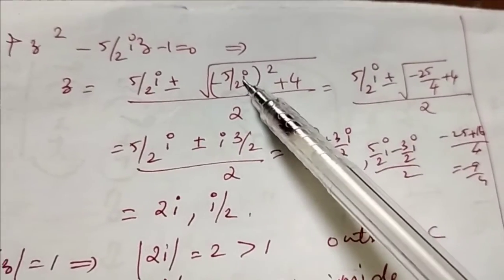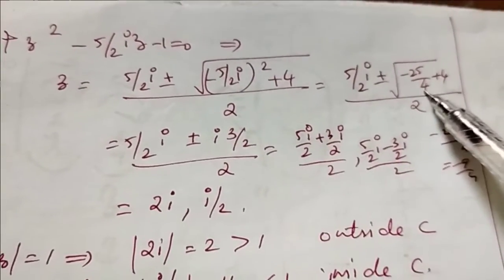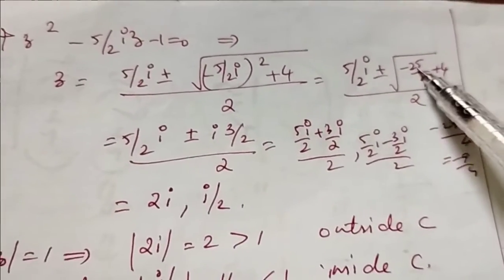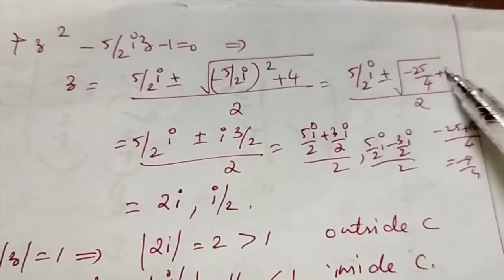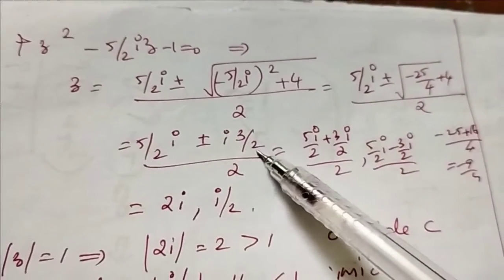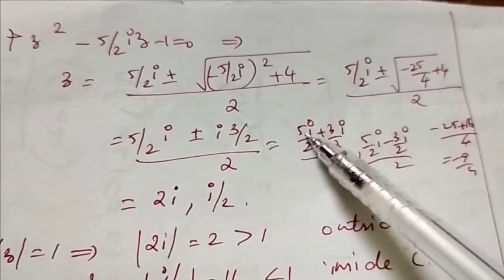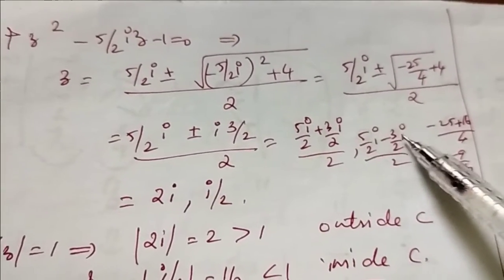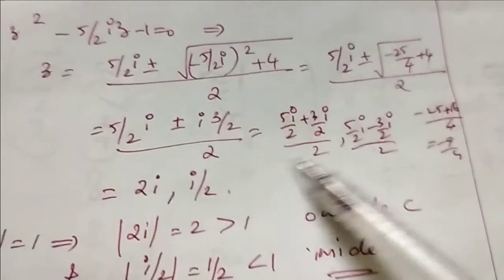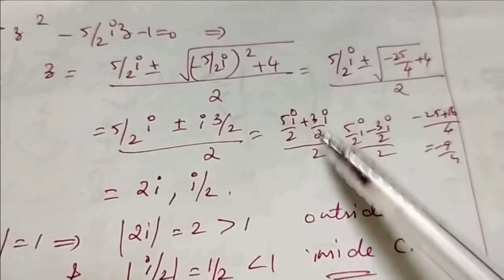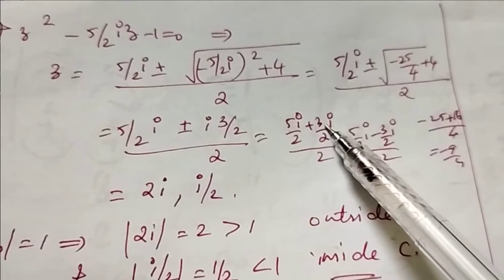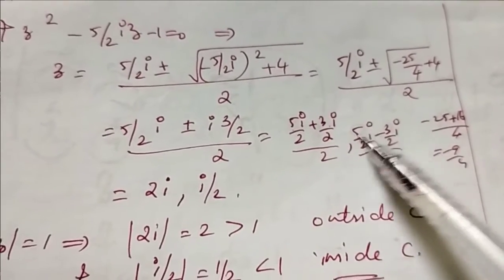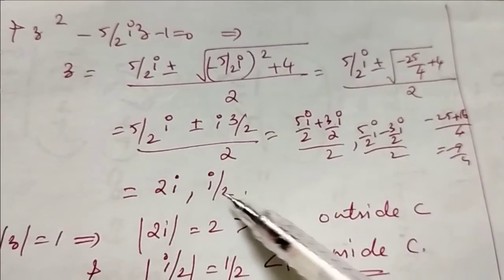Okay, i square is minus 1, so minus 25 by 4 plus 4, that is minus 9 by 4, and its square root is 3 by 2 i. So it is 5i by 2 plus 3i by 2 and 5i by 2 minus 3i by 2, whole divided by 2. 5i plus 3i is 8i by 2, that is 4i, again by 2, 2i. The difference is 2i by 2, that is i by 2.